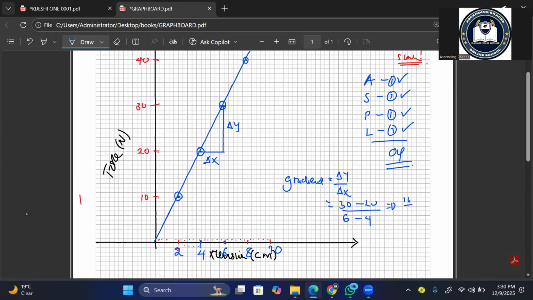So it will be 5. Solving this will be 5 Newton per centimeter. Remember on the x-axis, we are using centimeters. So now this one can be written as 500 Newton per meter.